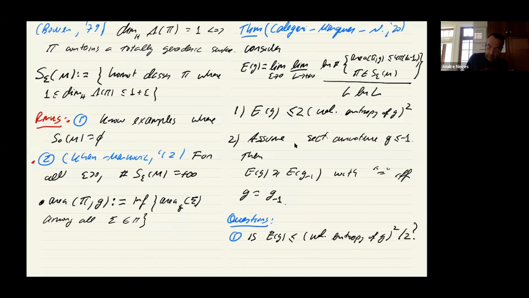The number 2 there is not optimal for the hyperbolic metric. And the second question is, can we replace this condition on sectional curvature by scalar curvature less or equal than -6? Does it suffice to assume scalar curvature less or equal than -6?